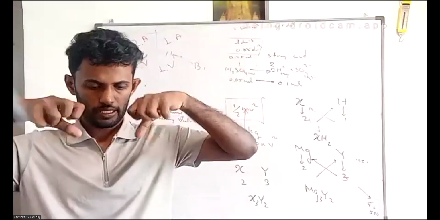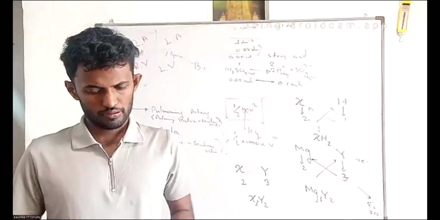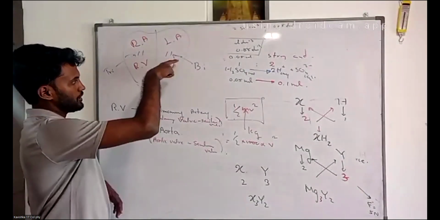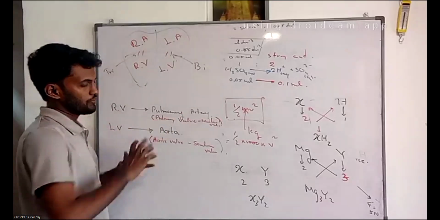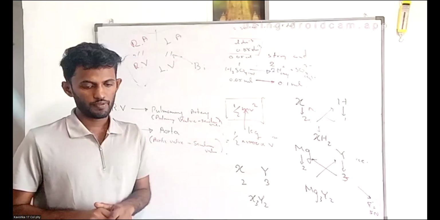Close, right? Tricuspid and bicuspid valves are closed. Semilunar valves open and blood goes to the aorta and pulmonary artery.